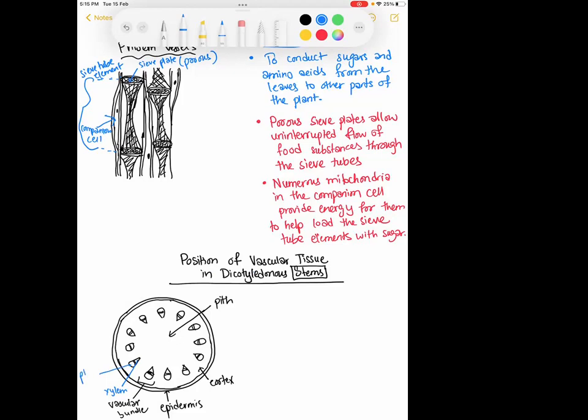This one right here is the phloem. And the middle thing right there, this is the cambium. Okay. All of these together is the vascular bundle.